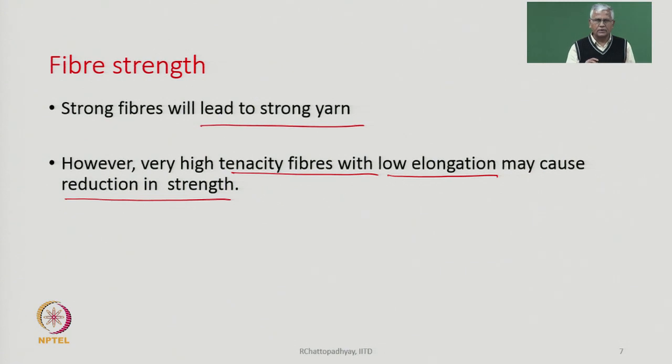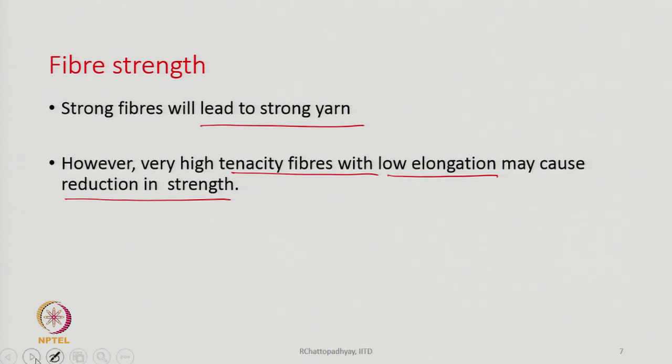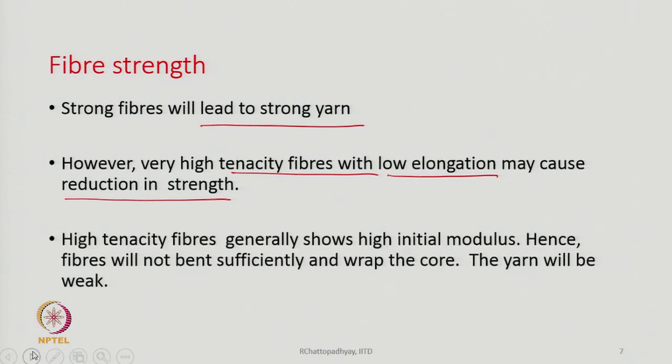Now, will it be beneficial to use such kind of fibers in air jet spinning? The answer is no, they are not beneficial. They will actually reduce strength, because high tenacity fiber will have very high initial modulus, and because of that their bending rigidity is going to be very high.